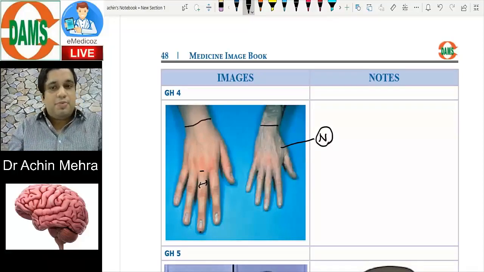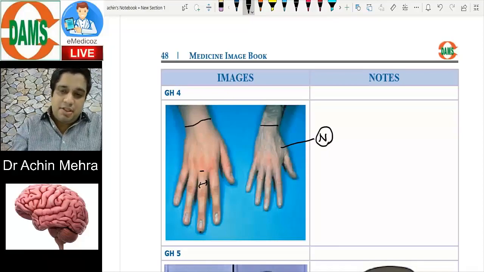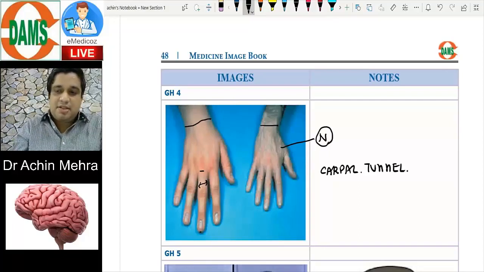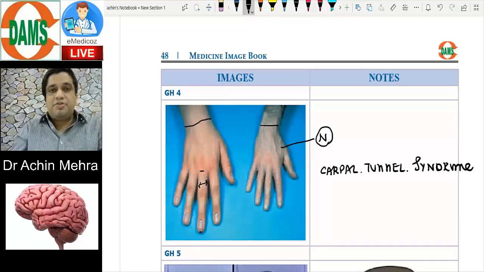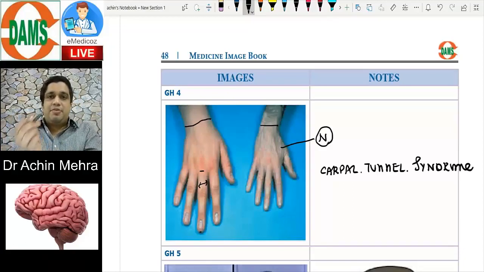So a lot of problems happen in them. If you remember, there is a problem which is seen due to increase in the wrist size in these patients of acromegaly or gigantism, that is carpal tunnel syndrome. Because the nerves which are moving into the hand get trapped between the bones of the wrist joint, causing an entrapment neuropathy, carpal tunnel syndrome.